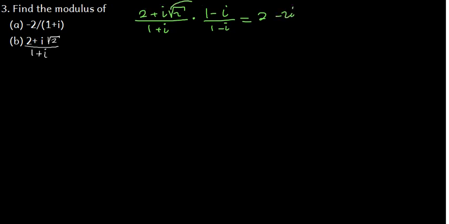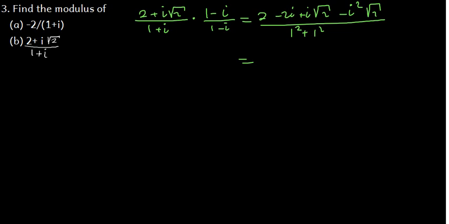And then this one by that will be positive i root 2. And then this by that will be negative i squared root 2, and then divided by, in the denominator we're multiplying a number by the conjugate, so that will just be 1 squared plus 1 squared.